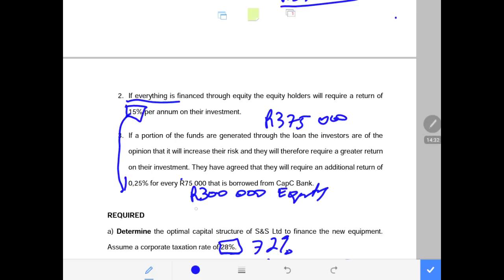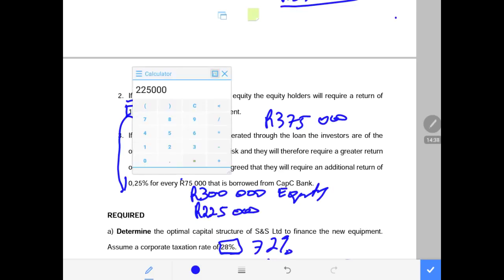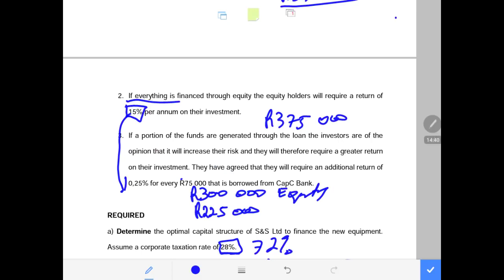0.25%. Then let us say we decide to take 225,000, and I think now you know that 225,000 is deducting 75,000 two times. So if we decide to take 225,000 rands through the issue of shares, another amount will be from the bank, affecting the interest of the bank for every amount that is not taken.